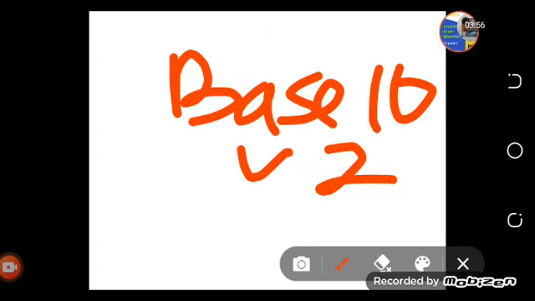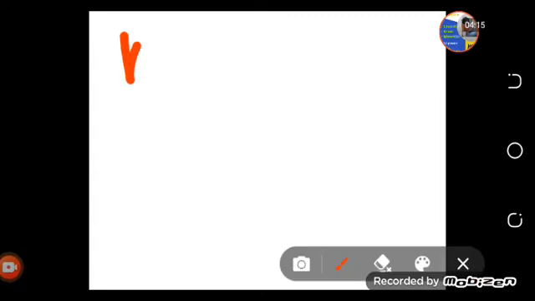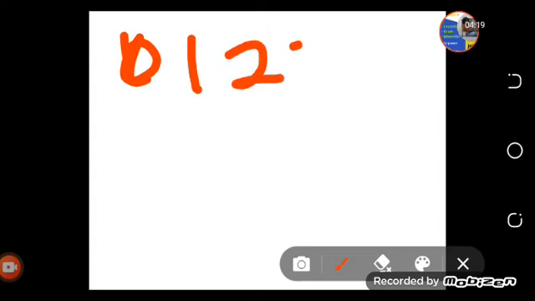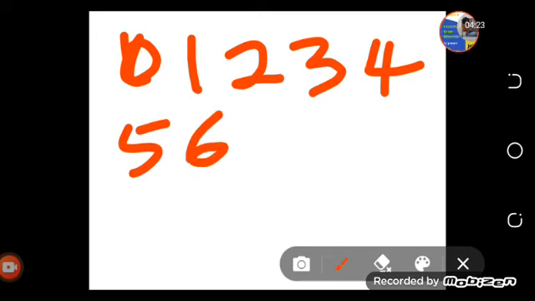This base 10 has only 10 digits. Every number you see, no matter the size of that number, whether in tens, in units, in millions, in tens of millions, in tens of thousands, is made up of any of these 10 digits. And that's why we call it base 10. Look at it: 0, 1, 2, 3, 4, 5, 6, 7, 8, 9.